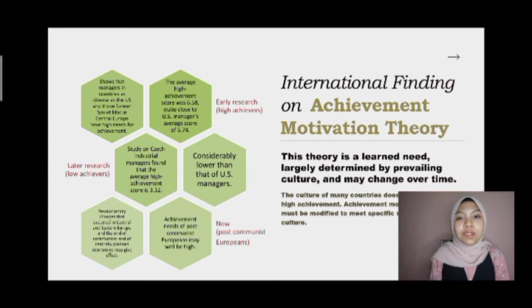So in the early research, they found that the achievement motivation theory is well applied. Okay, next, in the later research, a study on Czech industrial managers found that the average high achievement score is 3.32. This is considerably lower than that of US managers.